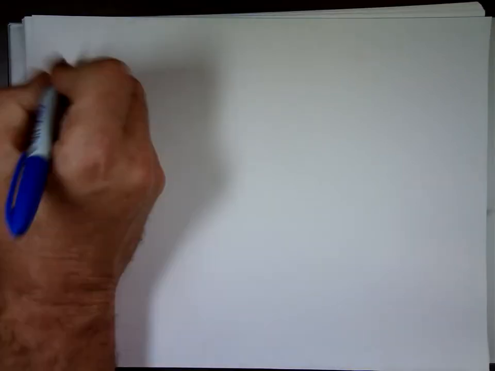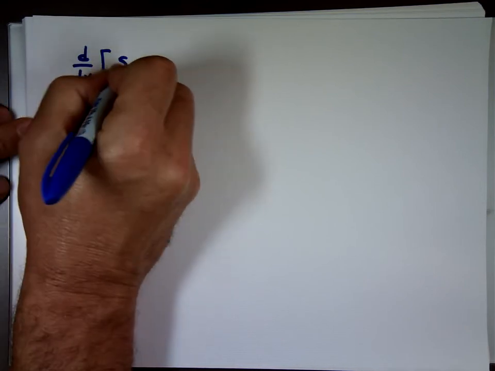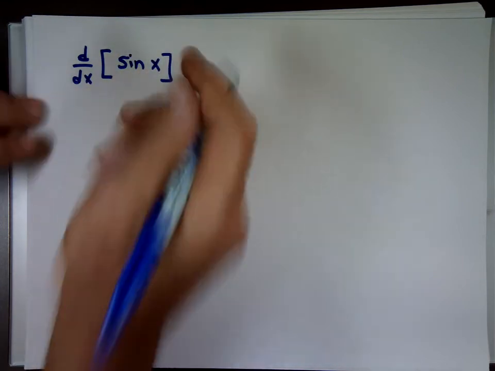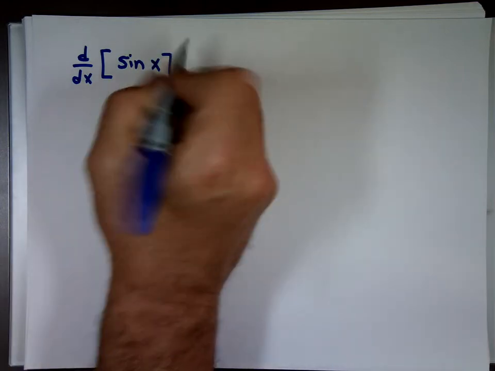The derivative of sine of x is equal to cosine x.